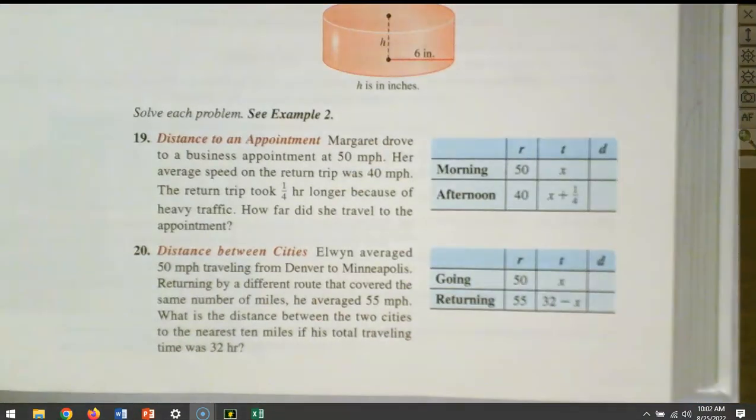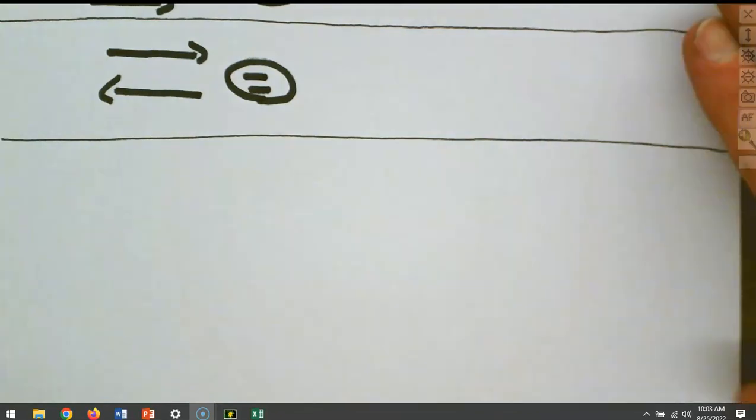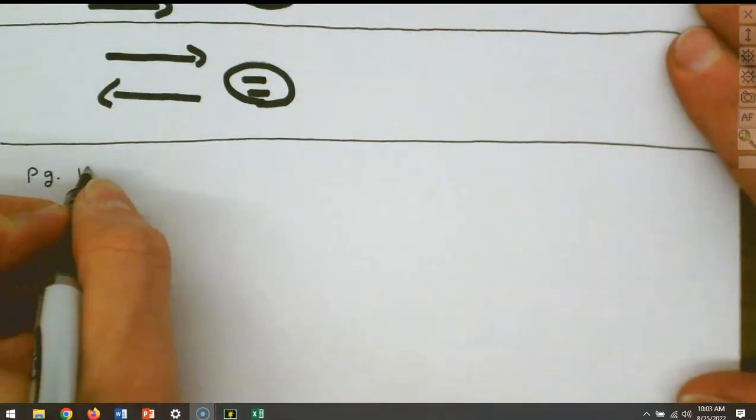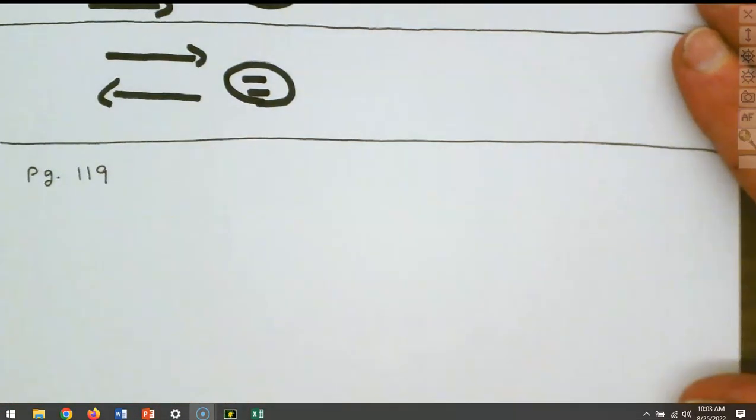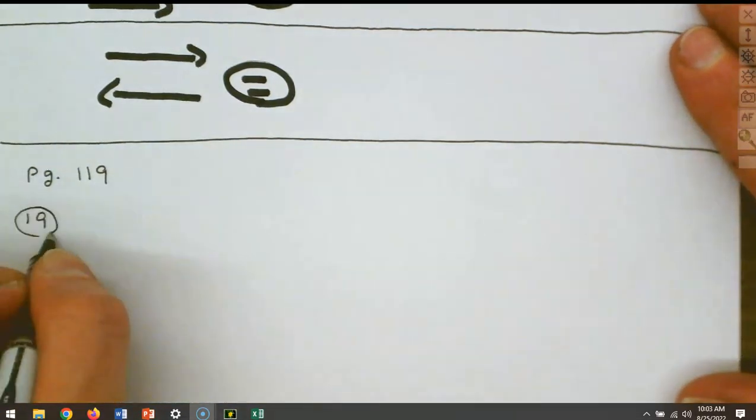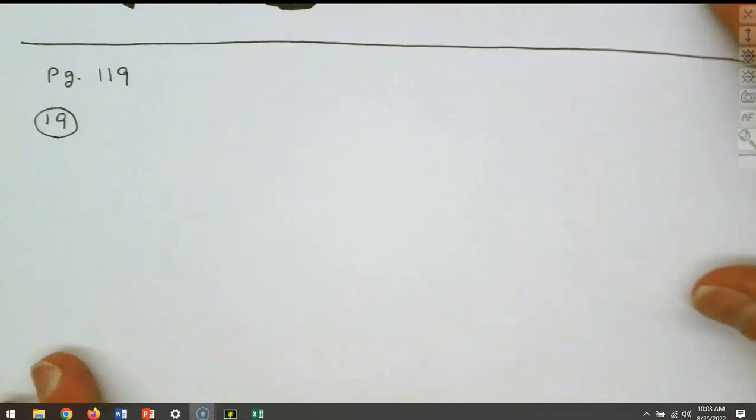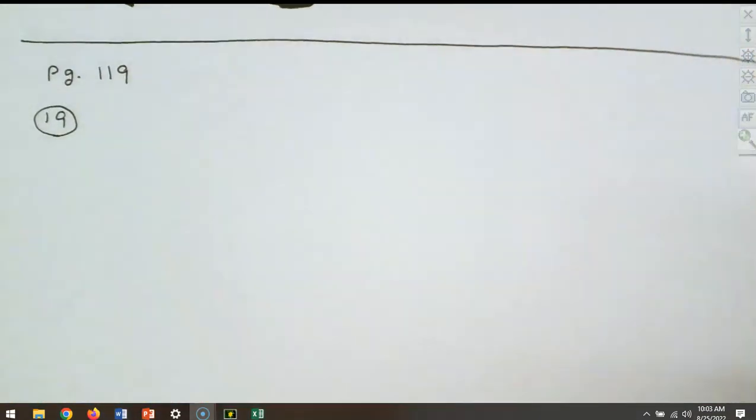So the first thing we do is we draw our diagram, and we draw our arrows. And in this case, and this is on, again, page 119, question 19, we're going to draw our arrows. Now, when we look at this question, we're going to an appointment, and we're coming back.